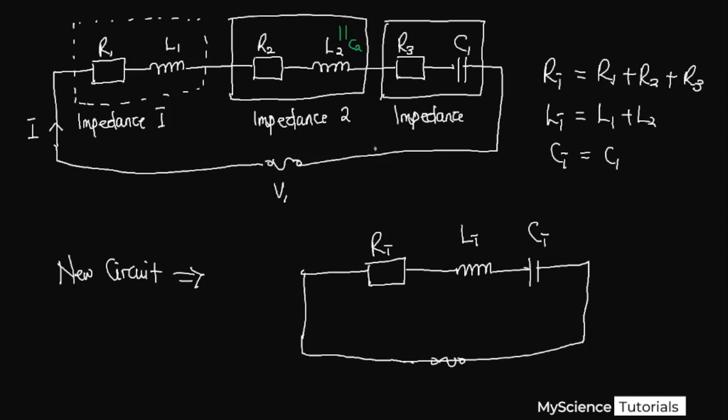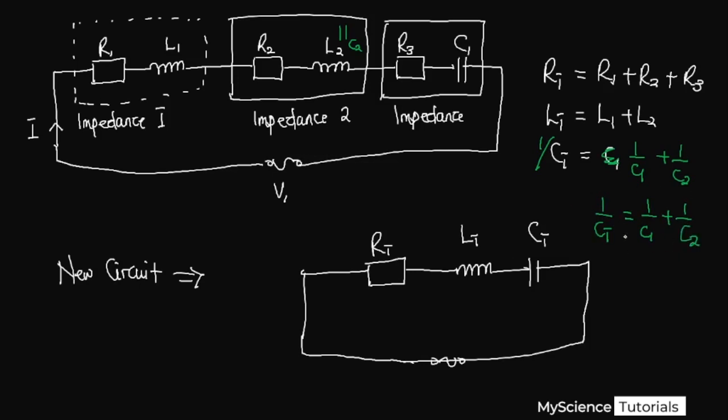If in place of this inductor L2 we have a capacitor, it means our total capacitance will be different. For capacitors in series, we don't add the values, we find the inverse. So 1 over C total is equal to 1 over C1 plus 1 over C2.